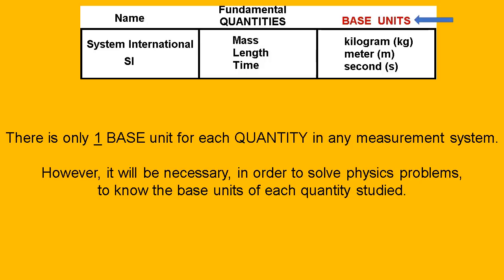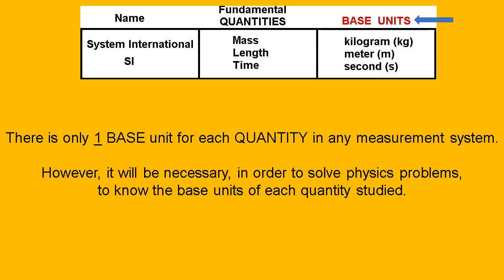And the thing that makes this fairly easy for students is that there is only one base unit for each quantity of physics in any particular measurement system. So in the SI system, there is one speed unit, meters per second, and that is the base unit.